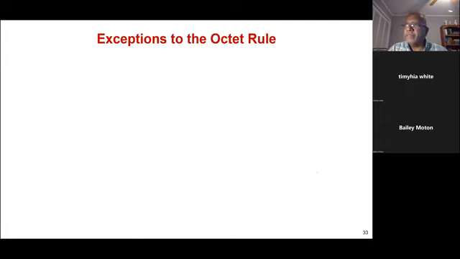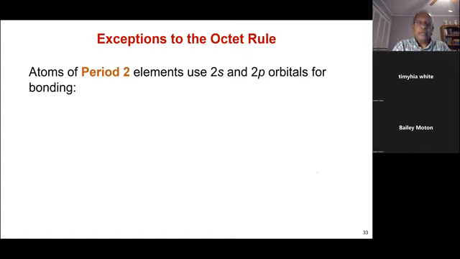Now there's an exception to the octet rule. This is because period 2 has only 2s and 2p. Therefore, they can have 2 electrons here, 6 electrons here. We talked about this: 8 electrons, octet.